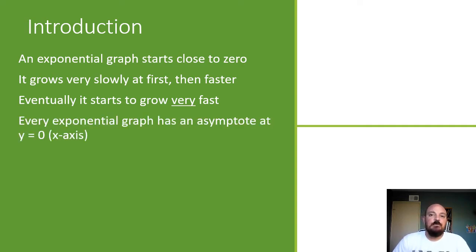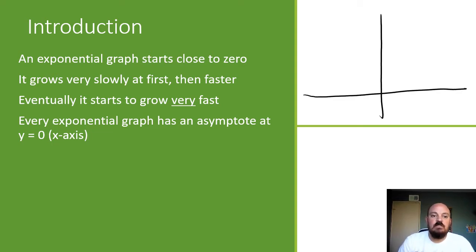So basically, let's start piecing together a sketch of a generic exponential function. Now, because it starts very close to zero, every exponential graph starts with a horizontal asymptote at zero, or the x-axis.